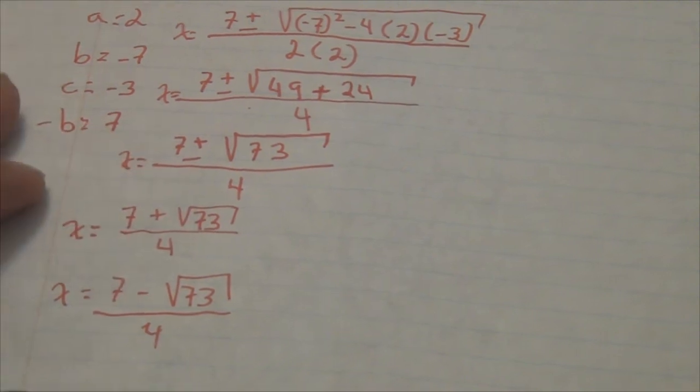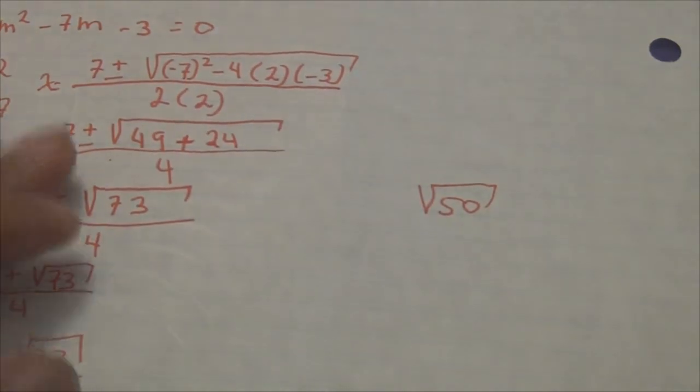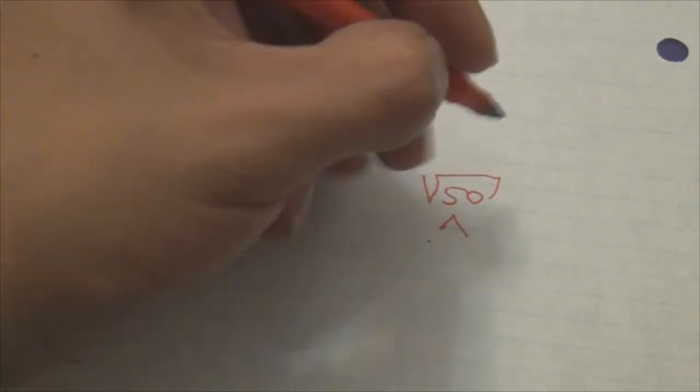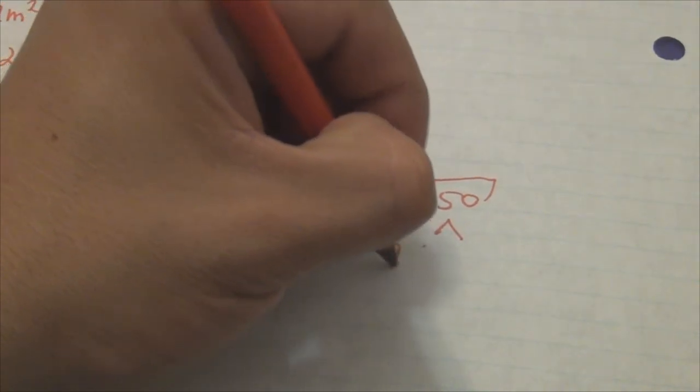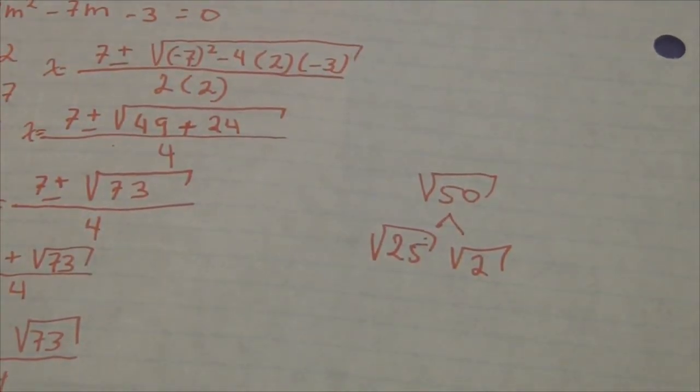Like, for example, I'm going to give you an example right here on the side. If you wanted to simplify radical 50, all you have to do is find two factors. One being the biggest perfect square, like 25, and the other one being the lowest number that cannot be simplified anymore.